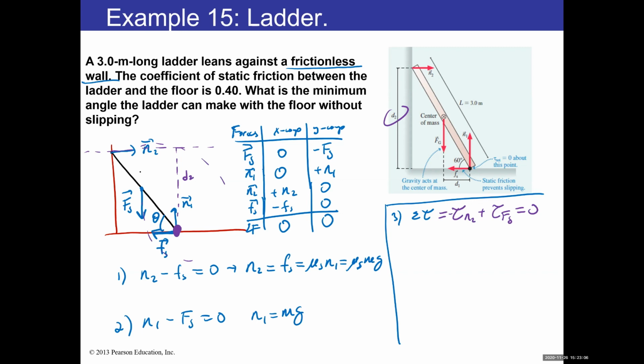Same thing I do for the gravitational force: extend it, and this distance I'm going to call D1. That means it's negative N2 times D2, plus mg times D1, and this equals 0.